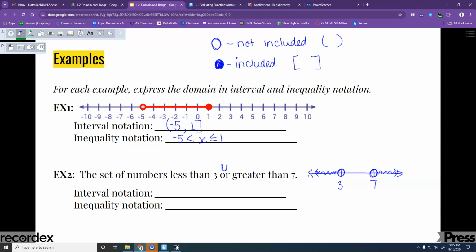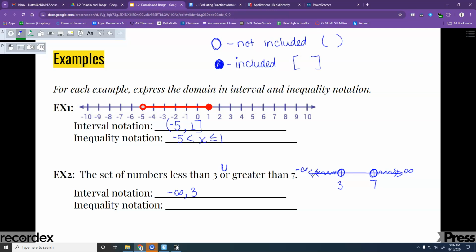It's going to negative infinity. Negative infinity is on this side. Positive infinity is over here on the right-hand side, right? So if the number line keeps going on forever and ever, you got negative on the left, positive on the right. So if I want to list the very lowest number, it's going to be negative infinity. And it's going to go up to 3.